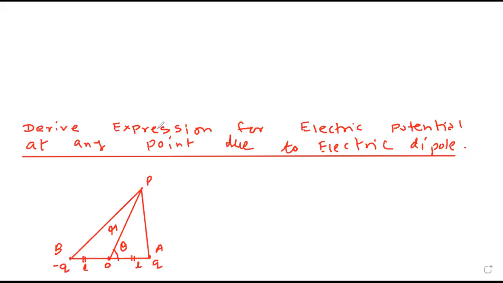Now, based on this, see how we can write the theory. For a positive charge, potential is positive. For a negative charge, it is negative. The resultant potential is the algebraic sum.